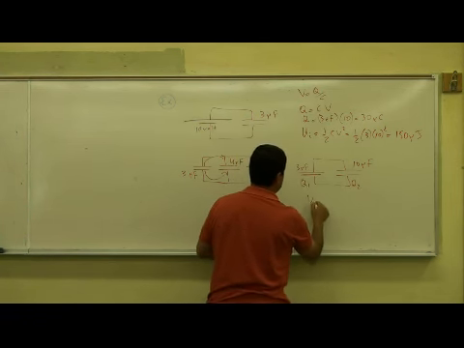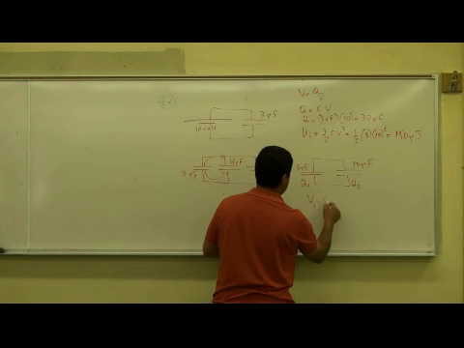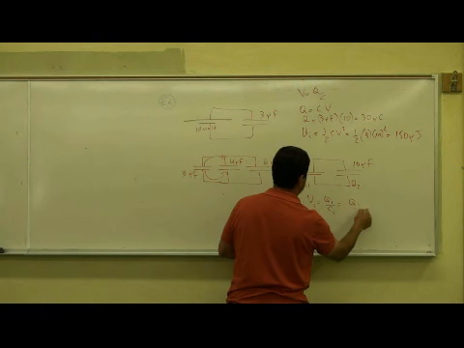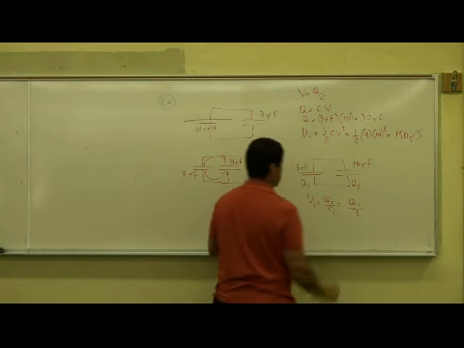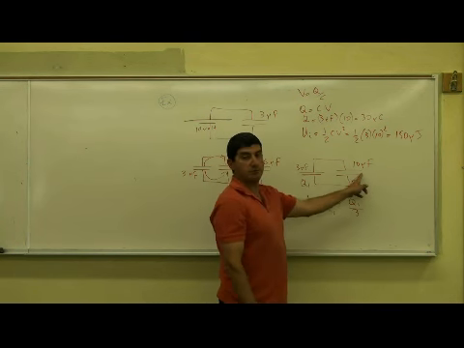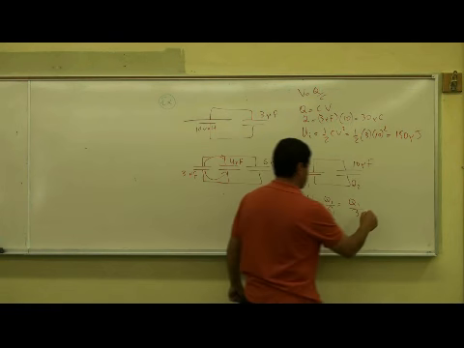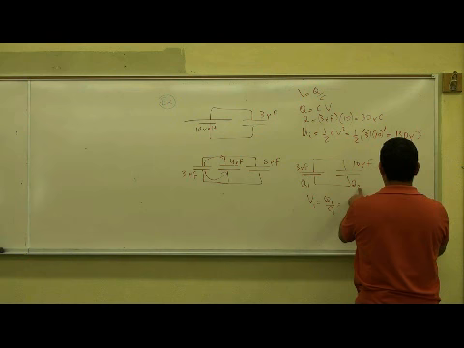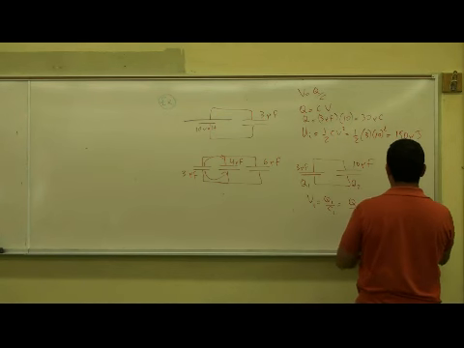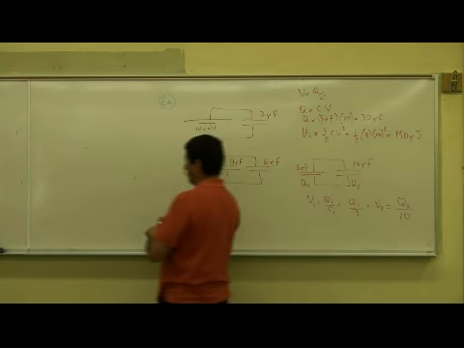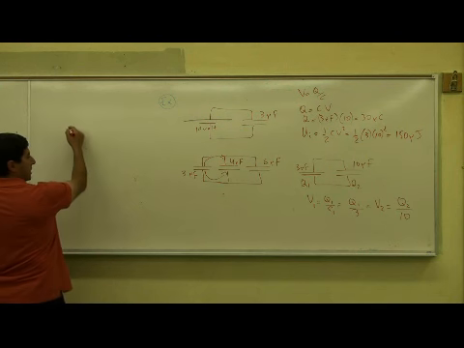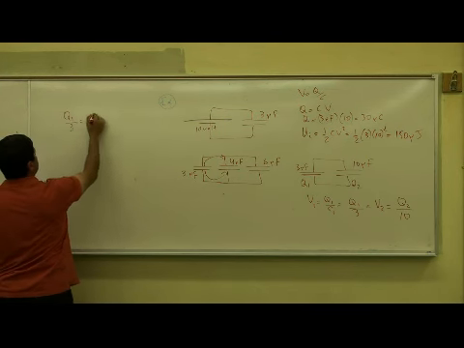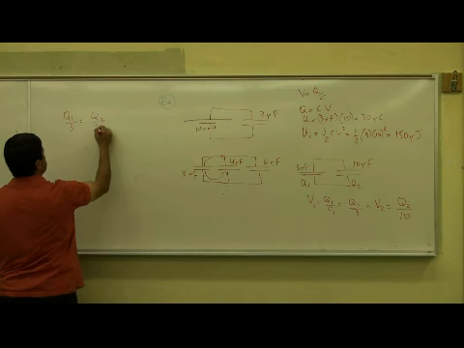So the voltage here, V1, is equal to Q1 over C1, so it's equal to Q1 over 3. The voltage there must be equal to that. So it's equal to V2, which is equal to Q2 over 10. Okay? So what do we have so far? We have Q1 over 3 must be equal to Q2 over 10.